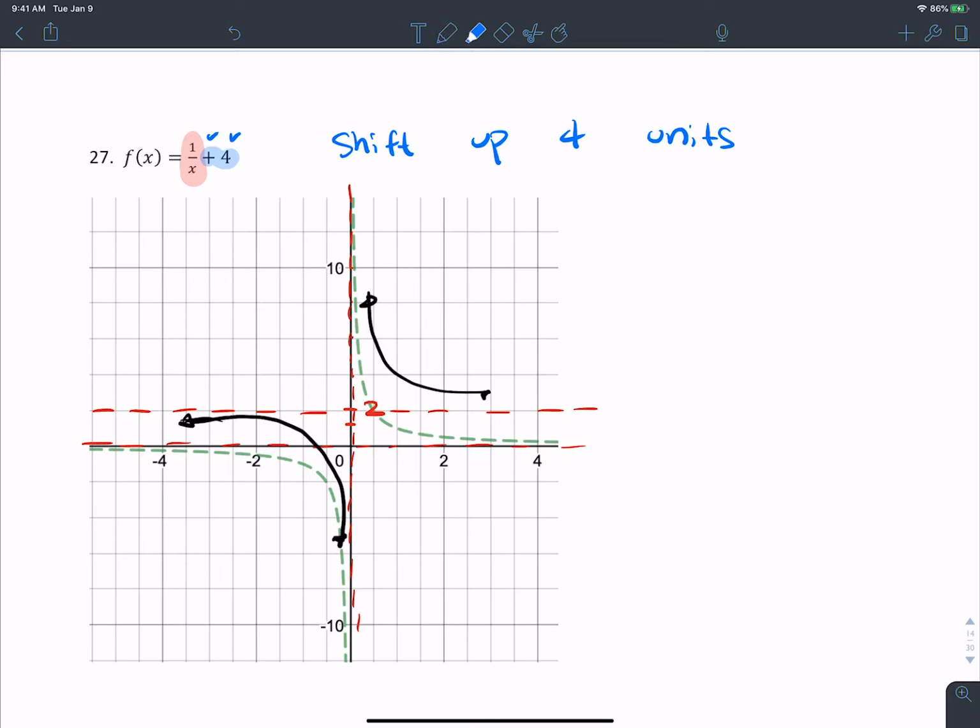And it looks a little bit different. It doesn't look exactly like that. Let's draw a nicer sketch here. Just something like this. And these are arrows. These go on forever in those directions. So we just move this hyperbola up 4 units. That's all we have to do.